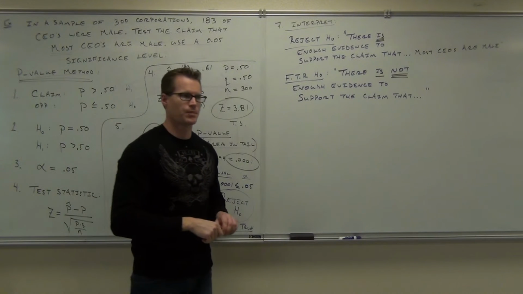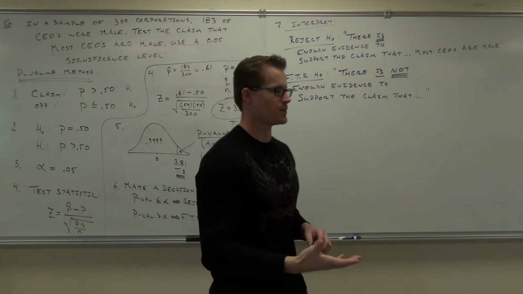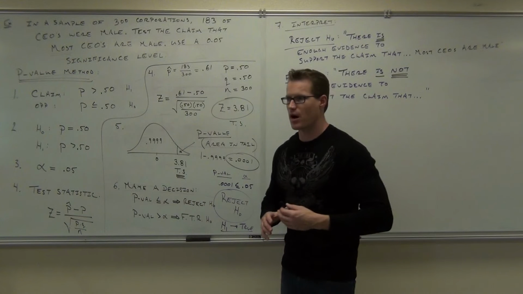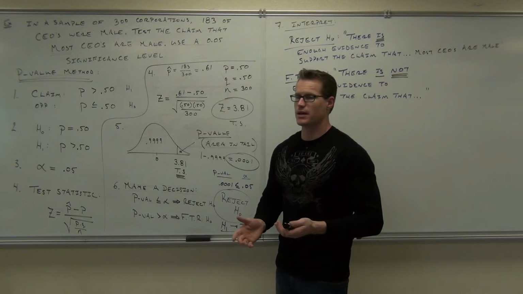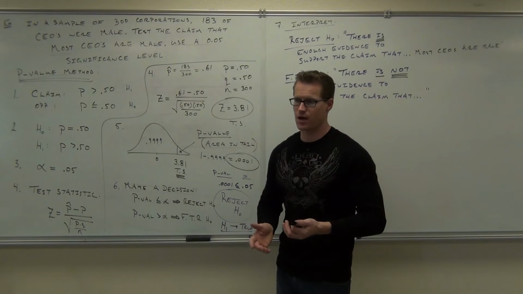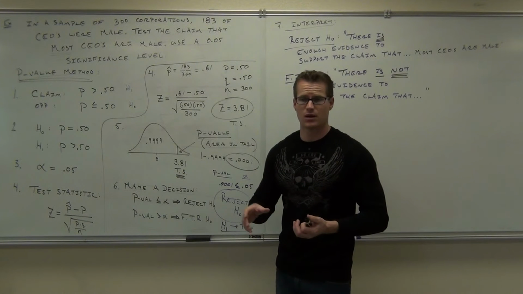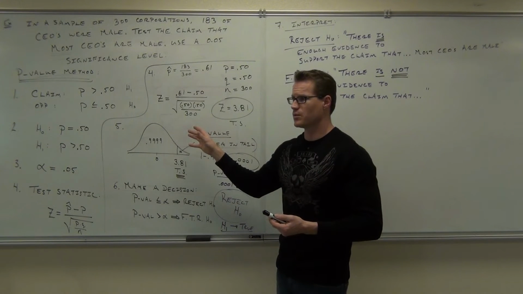That's all there is to it. If you can grasp this concept, then you have hypothesis testing down. In the next two sections, 7.4 and 7.5, all we're going to be dealing with is means rather than proportions. But this is the idea.